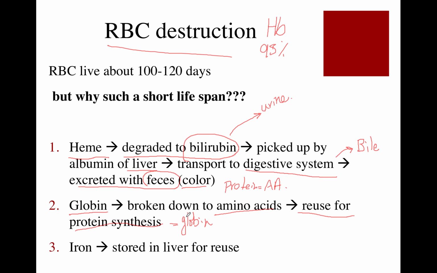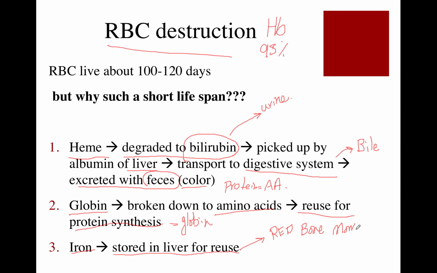The last component we have is iron. Iron is extremely important for your body. If you ever had anemia, one of the most common types of anemia is deficiency in iron, or basically iron deficiency anemia. So when your hemoglobins are being broken down, you can take that extra iron and reuse it, either store it in the liver for later reuse, or I can send that iron to red bone marrow.